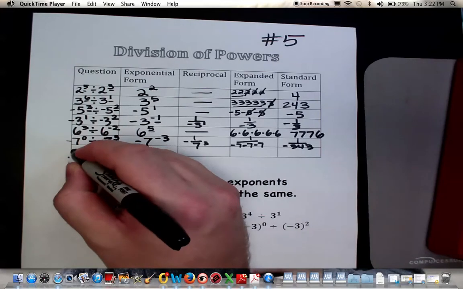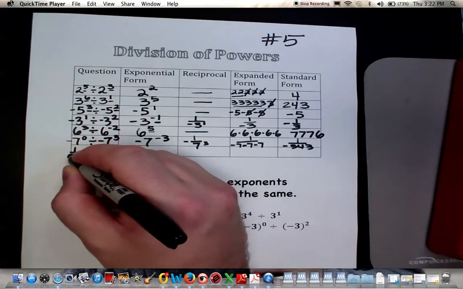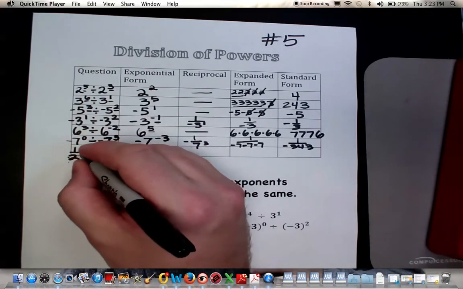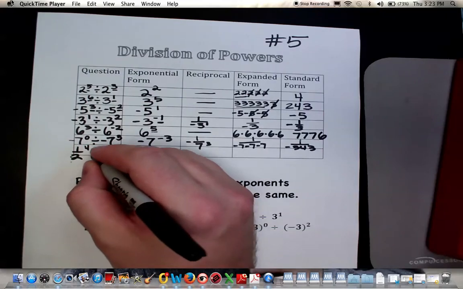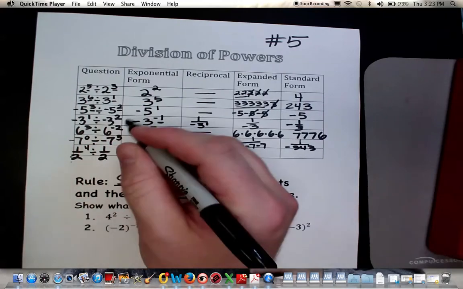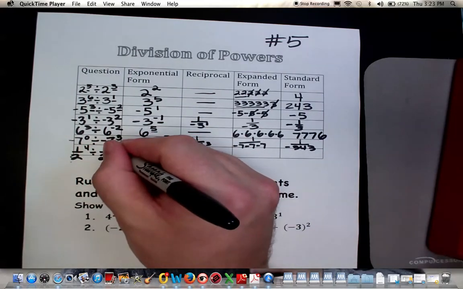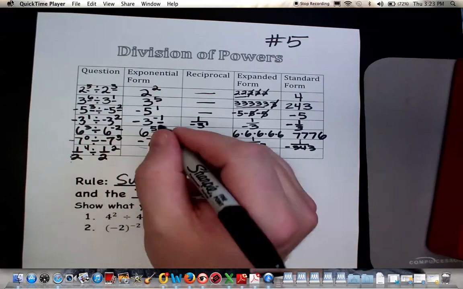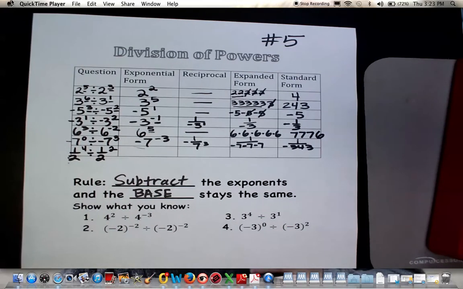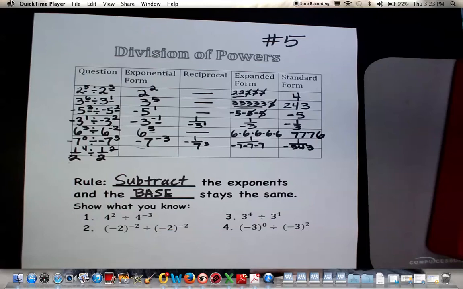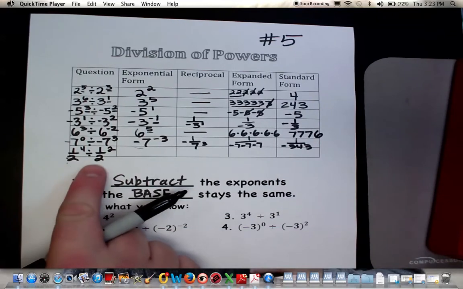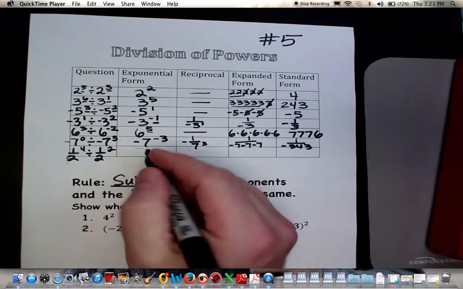Let's do this one. 1/2 to the fourth power divided by 1/2 to the second power. Okay, I look here and I need to keep the base. So the base is 1/2.